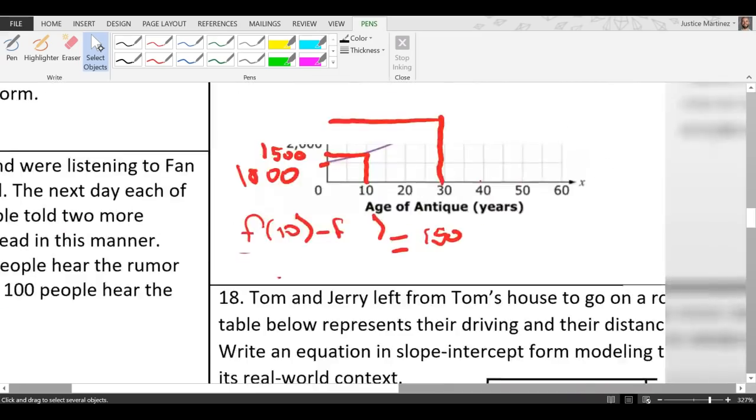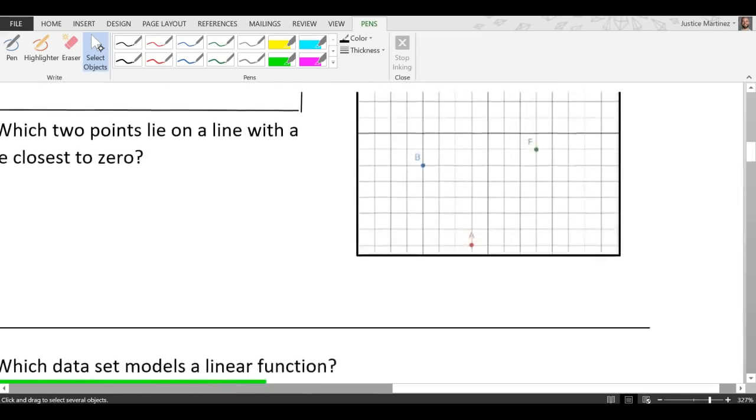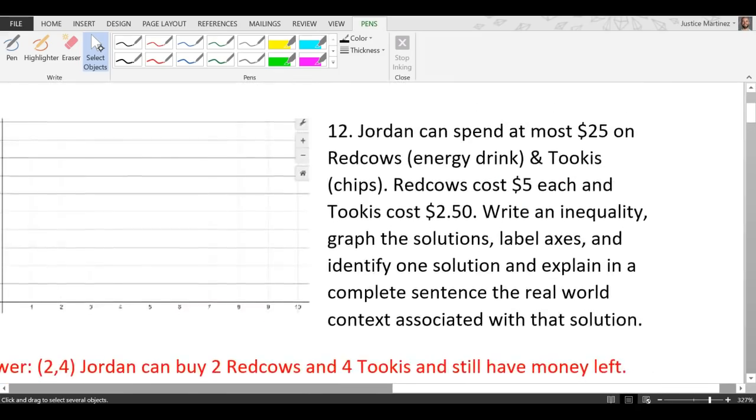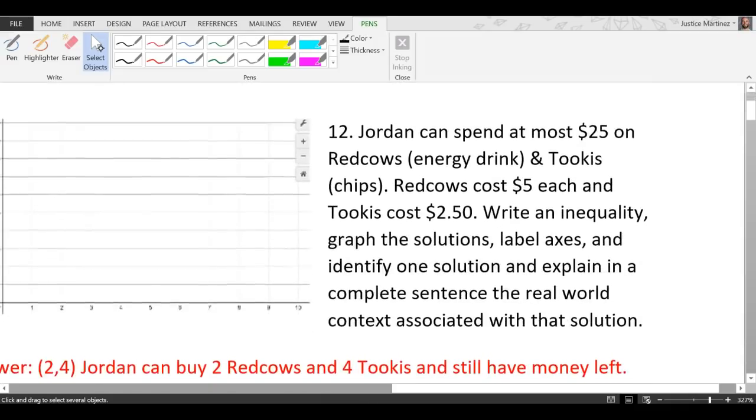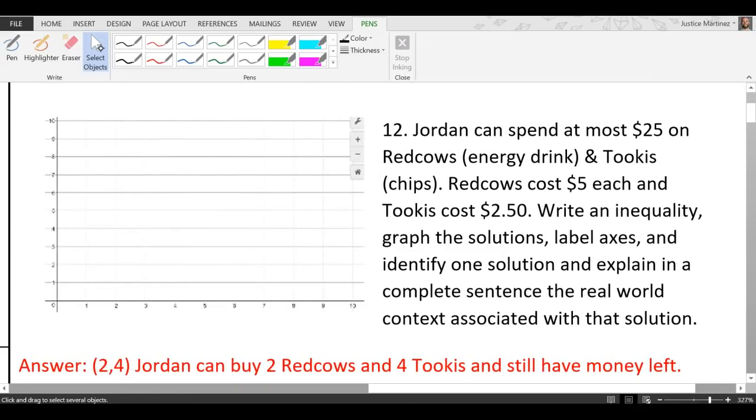Great. And come over here, and we say, fantastic. Jordan can spend at most $25 on red cows and Tukis, which are chips. Red cows cost $5 each, and Tukis cost $2.50.